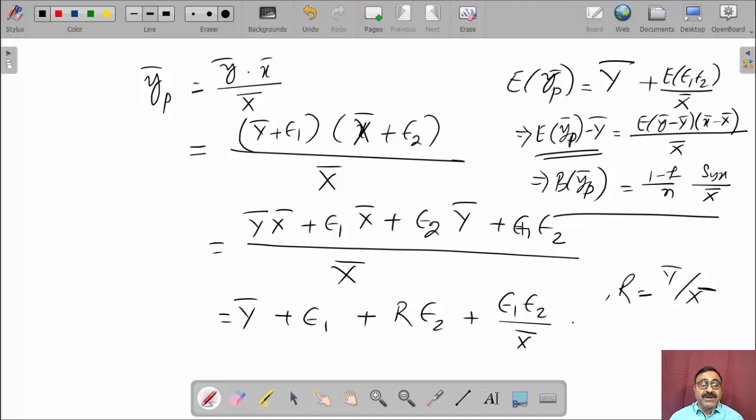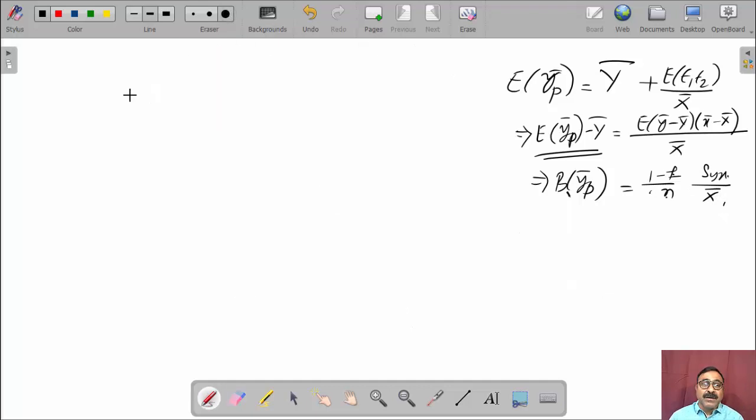So the product estimator is not an unbiased estimator of the population mean, rather it is a biased estimator of the population mean, and its bias is equal to (1 minus f) by n S_YX by X̄. So now here we can see the bias of the product estimator is (1 minus f) by n S_YX by X̄.